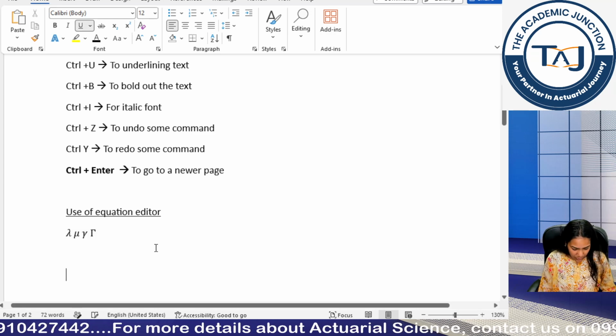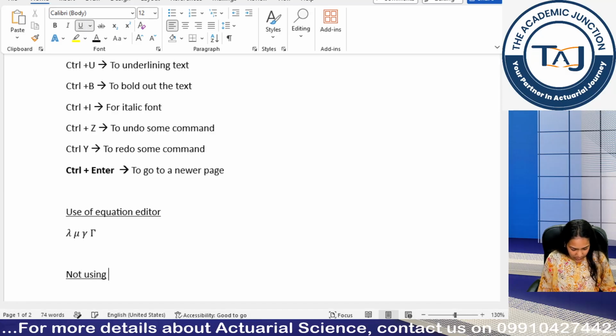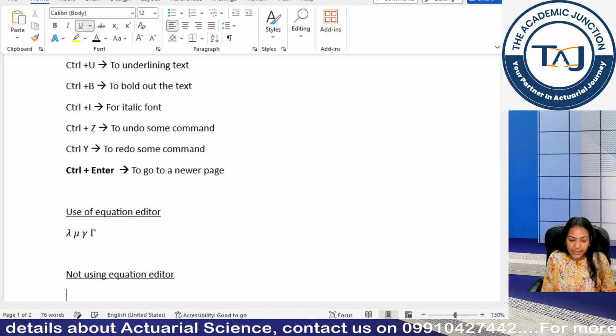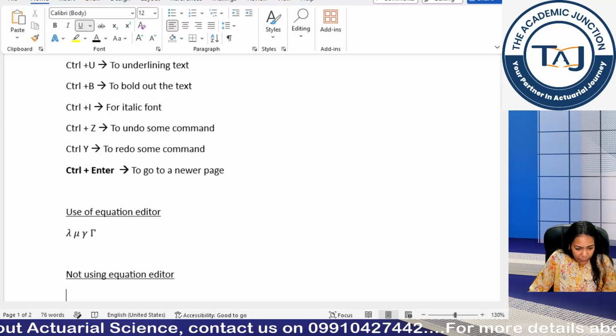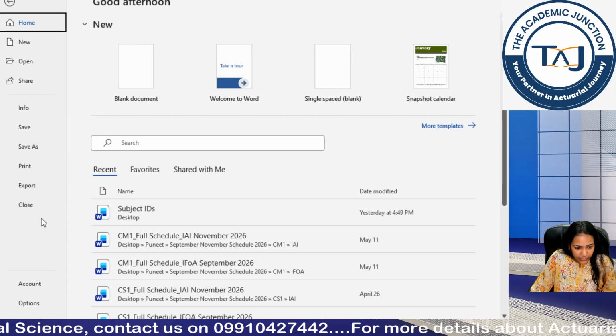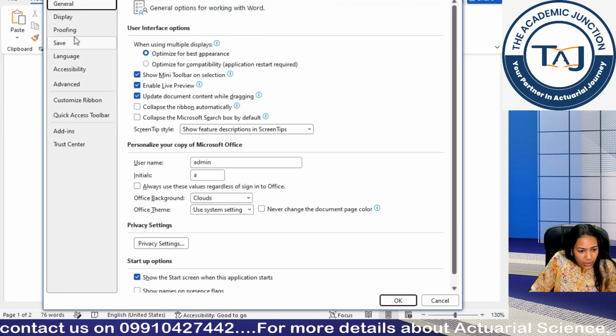Now if you are not using equation editor, how do you enter these symbols? What you have to do is go to this file option, then go to options, then go to your proofing.